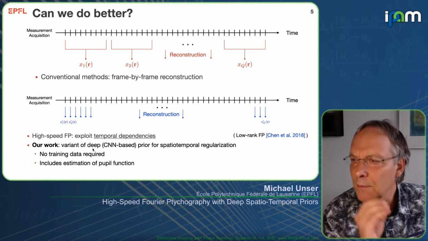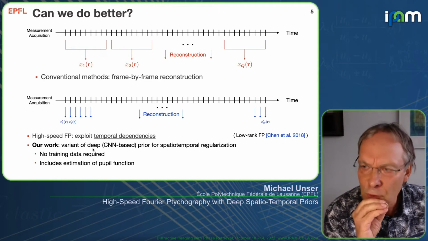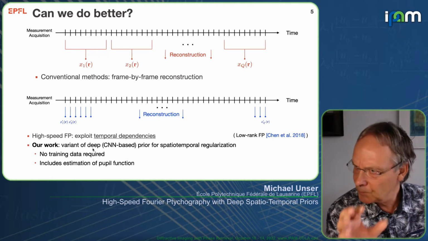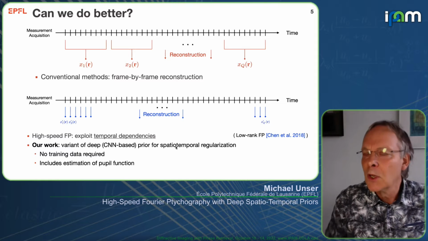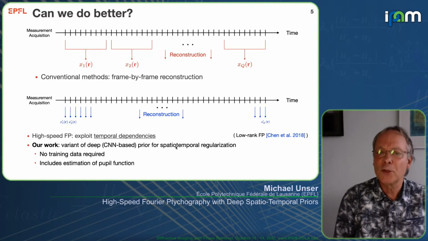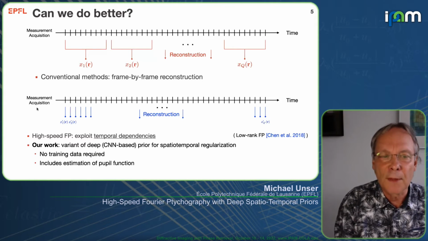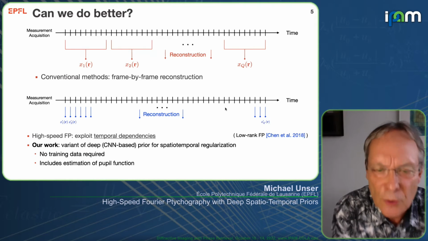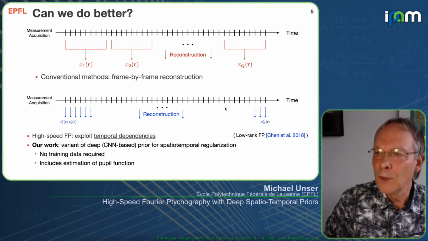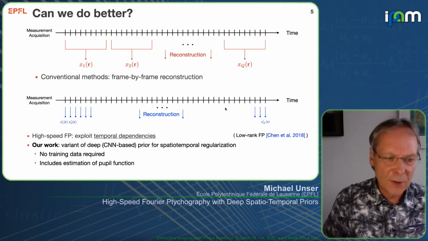This is a method that uses a convolutional neural network as regularizer, but we're bringing in a twist because we have a spatio-temporal regularization, and the temporal part of the story is absolutely crucial so that we can reconstruct at a faster rate.